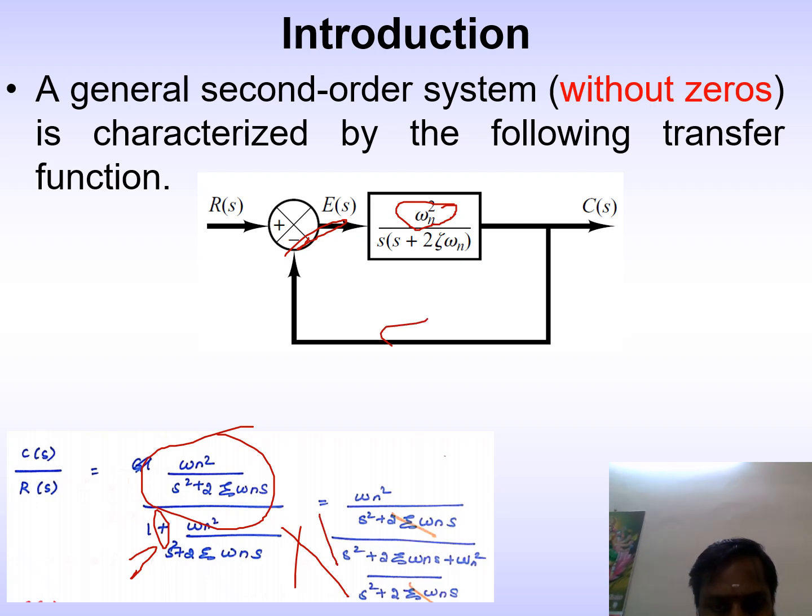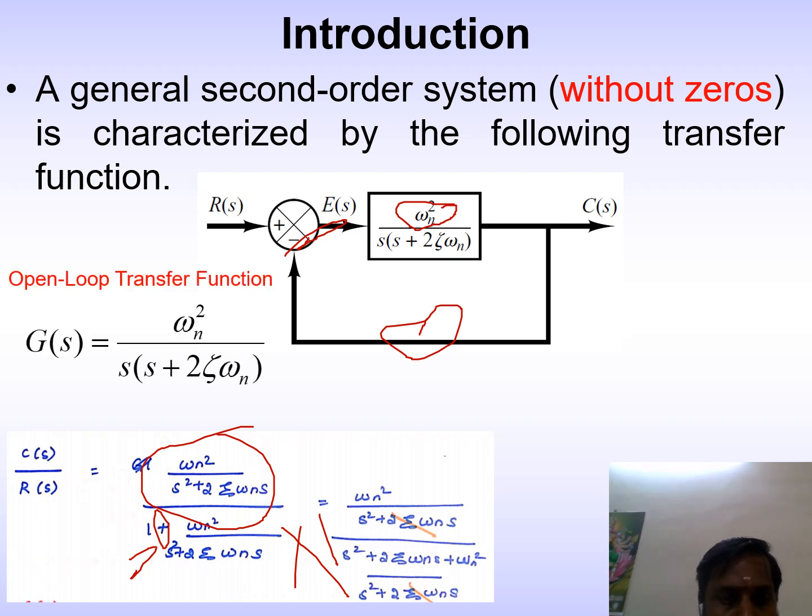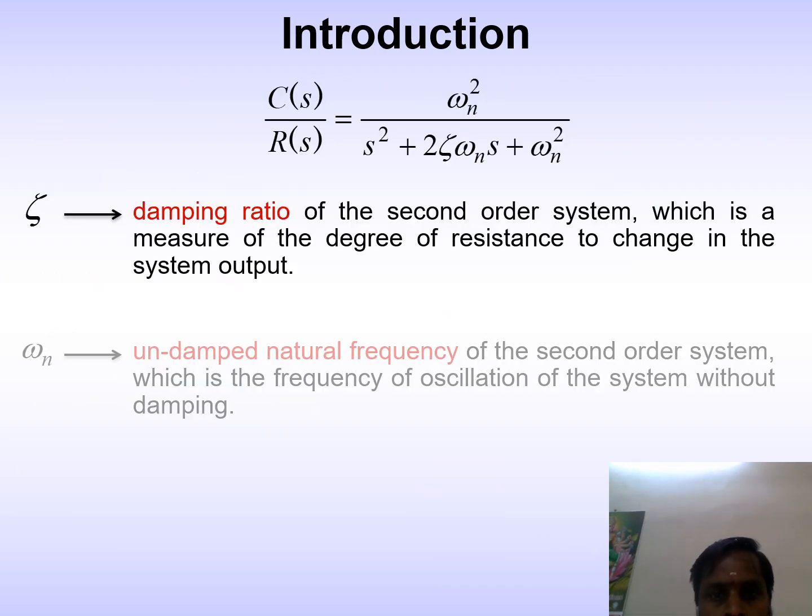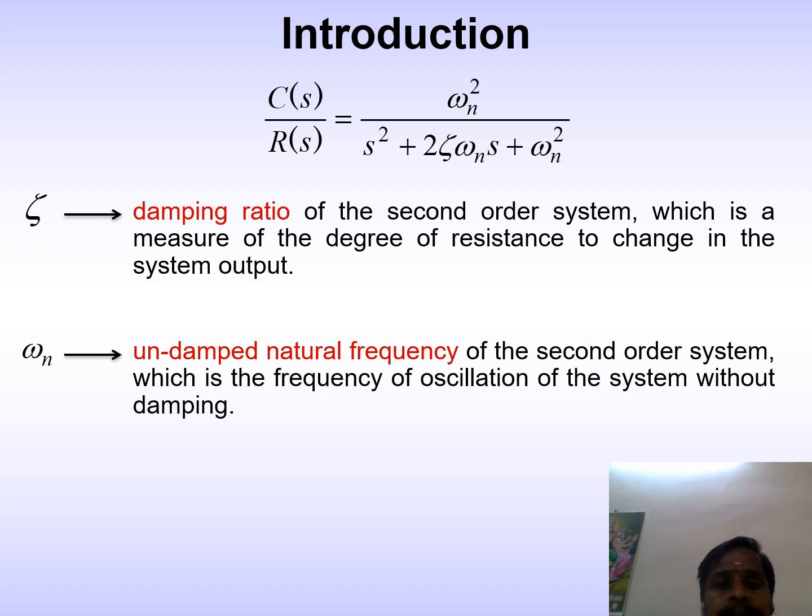There is no dynamics in the feedback, it is unity feedback, that's why 1. So after simplification, first we take the LCM and do algebraic simplification. We are getting this as a standard transfer function for the second order system.